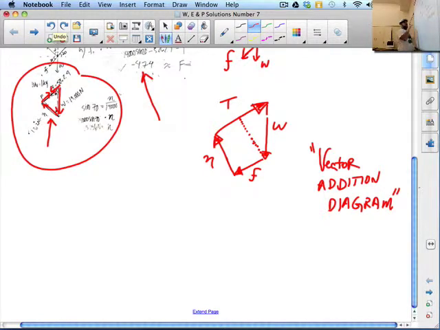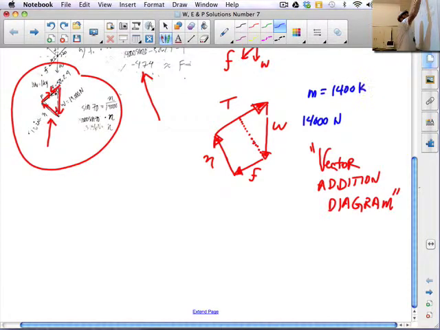You should get a positive value. You know the weight is 14,000 newtons, right? Because the mass is 1,400 kilograms.